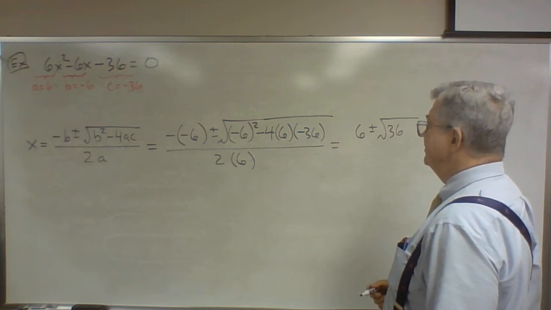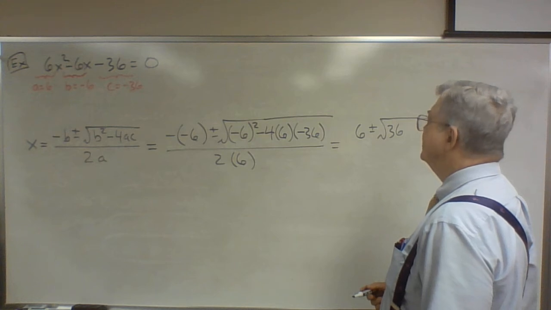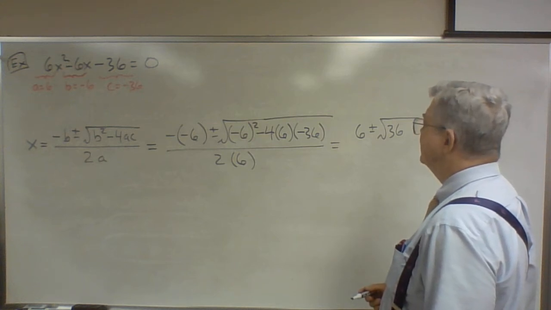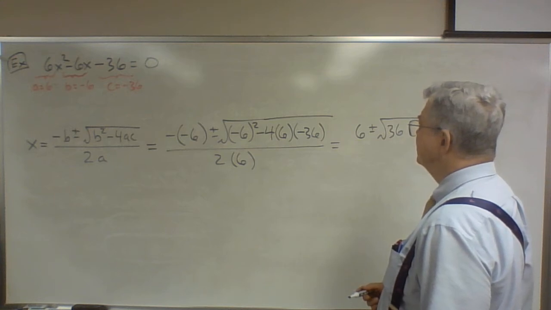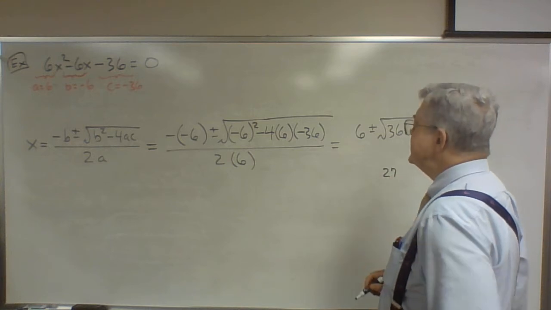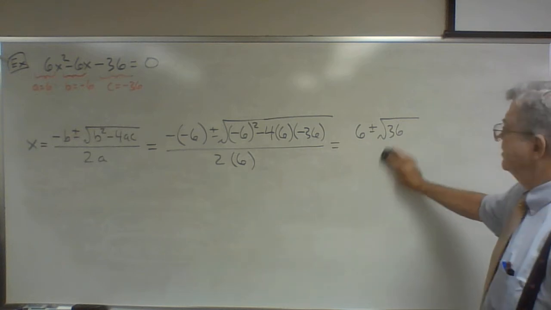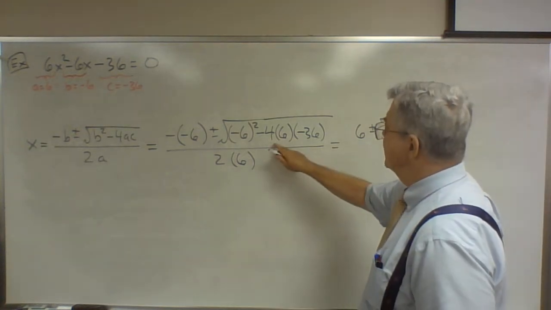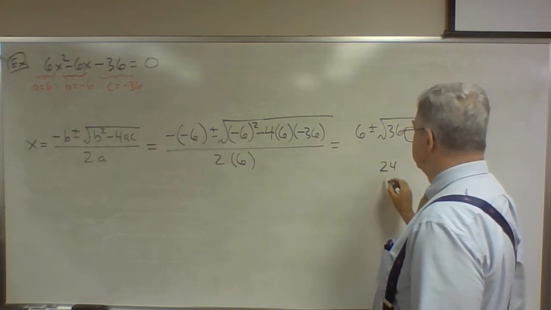Oh my goodness, let's see. Let me see. I'll just crunch the numbers out. 4 times 6 is 24, times 36.